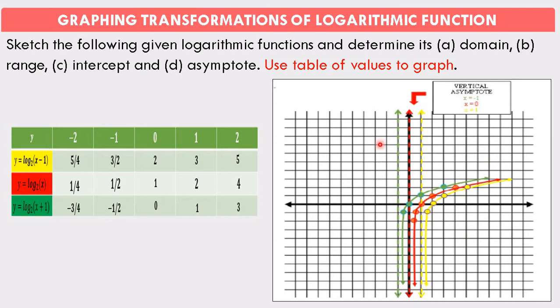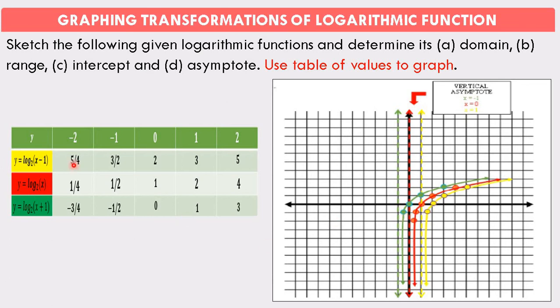For example, the logarithm of x to the base 2 and the logarithm of x minus 1 to the base 2. We can see that the red graph initially moves to the right up to the yellow, and the red graph moved to the left to the green one. So it is true that the movement from left to right is based on the h value.